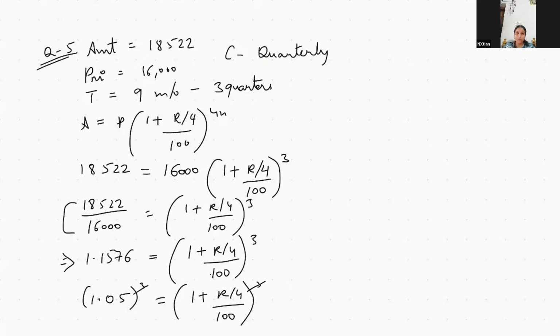When you are not able to directly find a square root or cube root, this is the method we use. All right, so now I have 1.05 equals 1 plus r by 4 by 100.